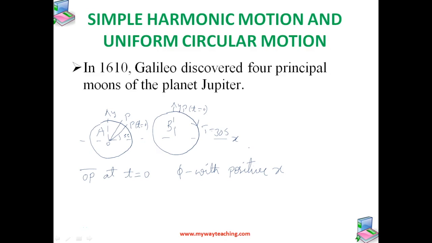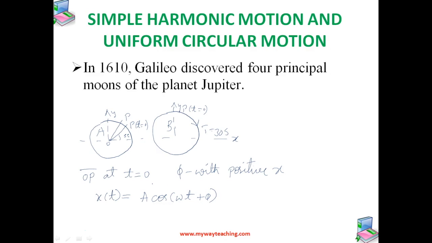The position of P dash on the x-axis, as the particle P moves on the circle, is given by x of t is equal to a cos(omega t plus phi).